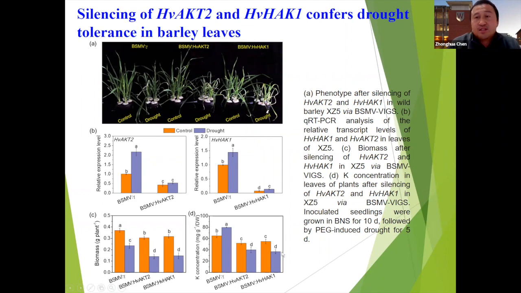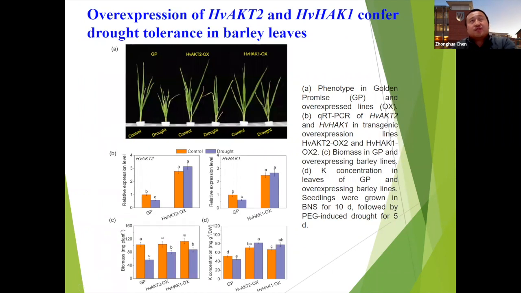So that means the channel function has been disrupted, although it's not fully suppressed. Overexpressing HvAKT2 and HvAKT1 confers drought tolerance in barley leaves.